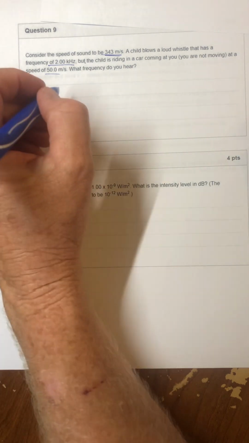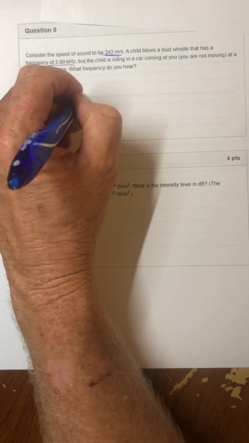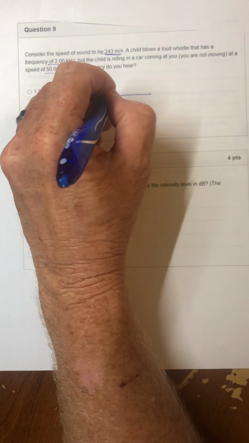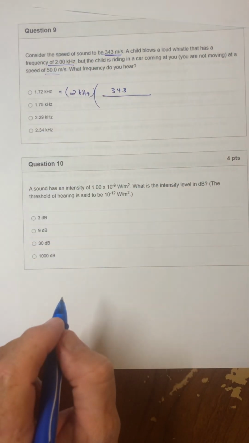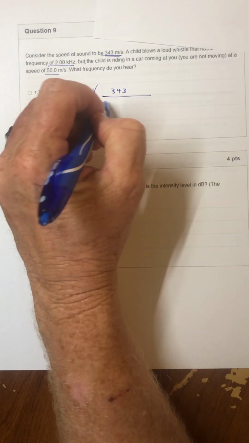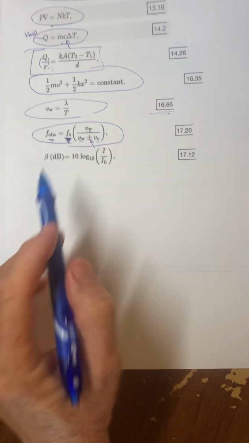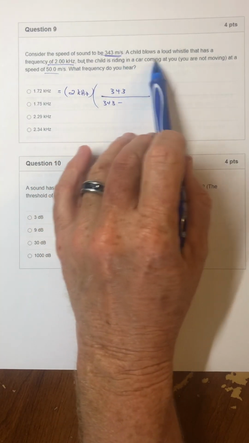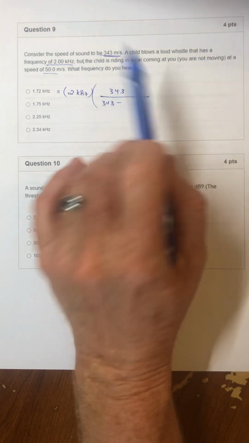So in my case, I'll take the 2 kilohertz for the original frequency. The speed of the wave right here is 343, and then also put it here, 343. And we'll do the minus sign because it says the child is coming towards you.